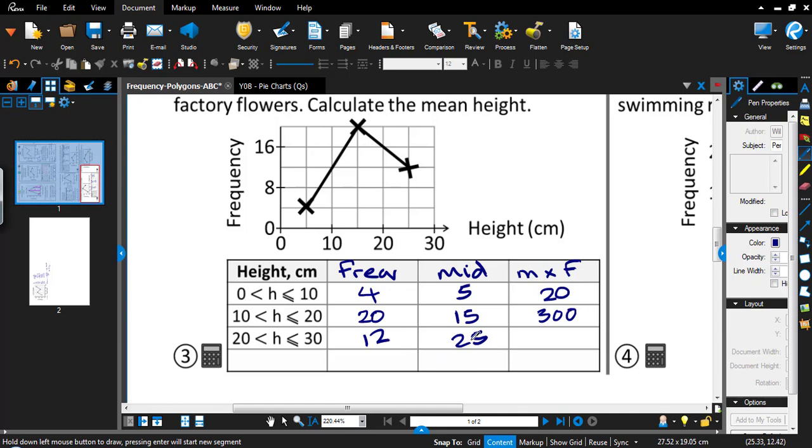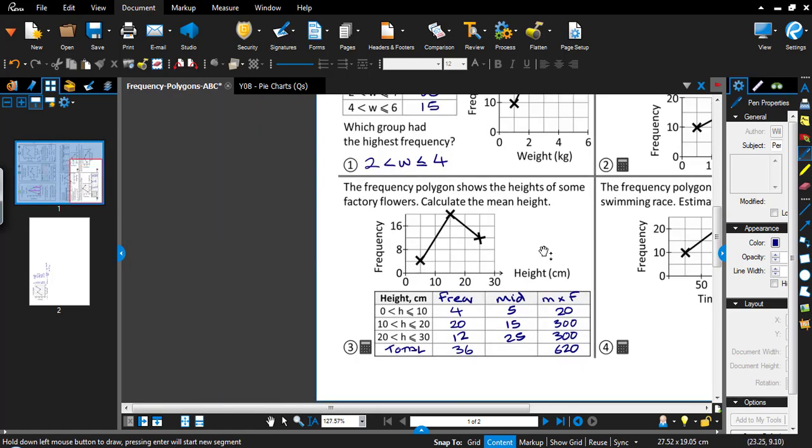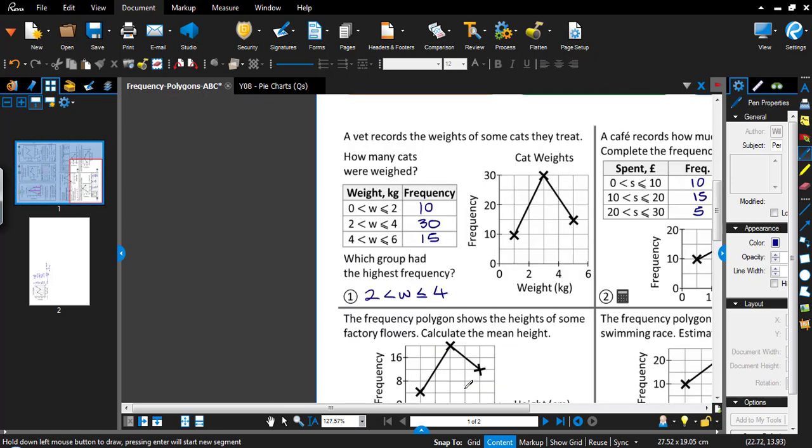And 12 times 25, guess what? It's also 300. So you can just put the total here. 4 plus 20 plus 12 is 36. 20 plus 300 plus 300 is 620. Alright, and that's it.